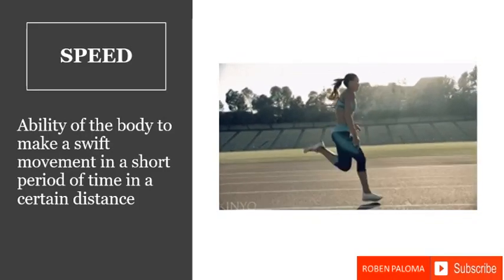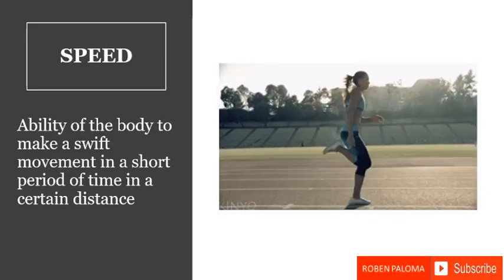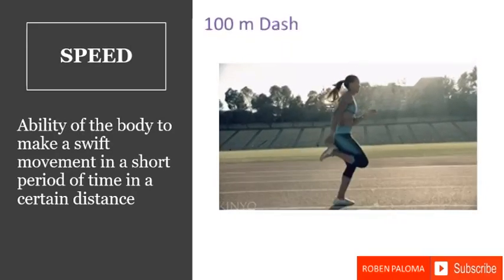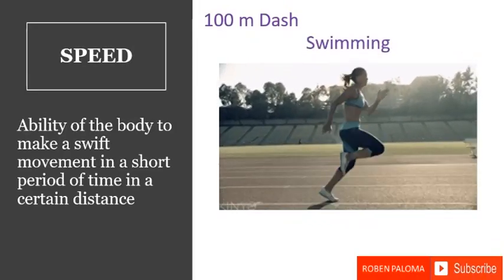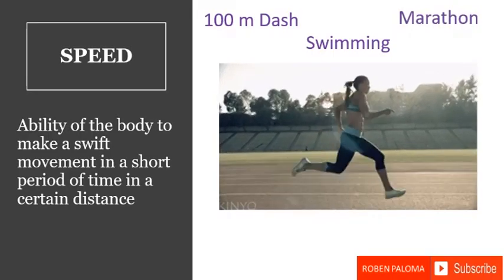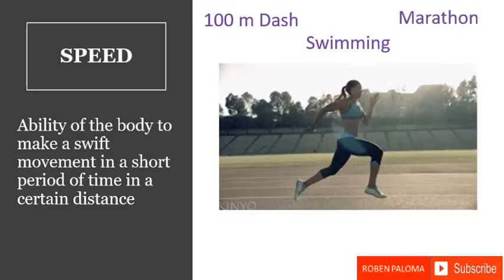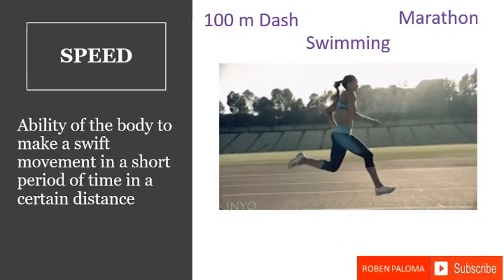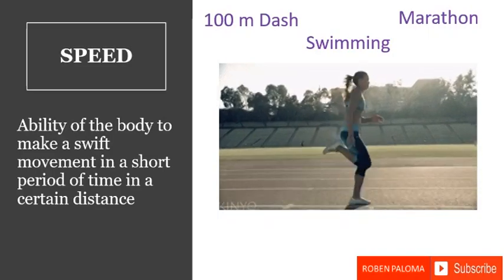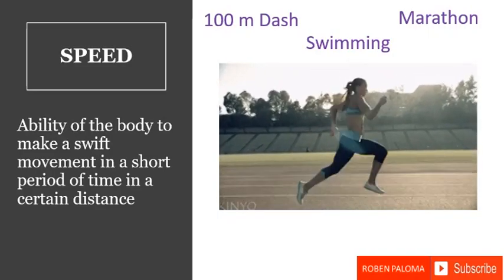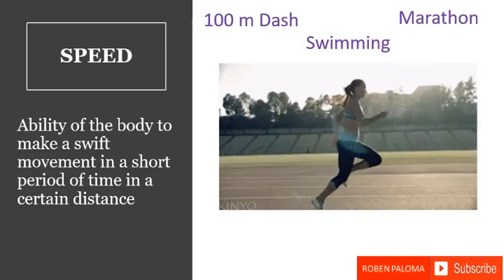It depends on how long they took to finish the track. Other examples are the 100-meter dash, swimming, marathon, and so forth. Speed refers to how fast we finish the distance. So that is what we call speed.